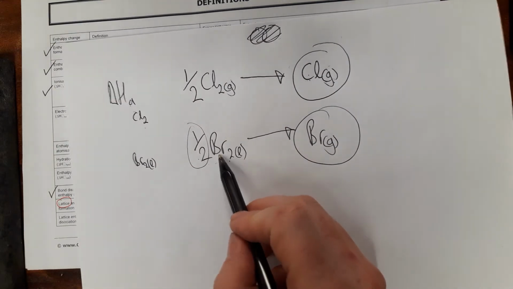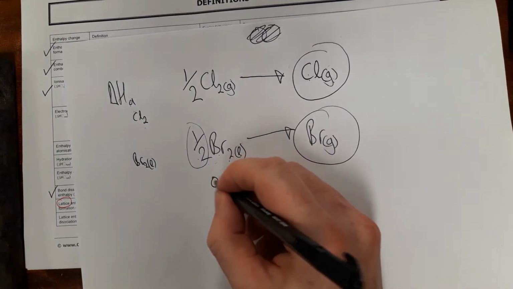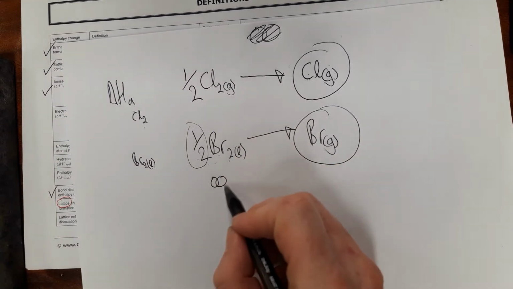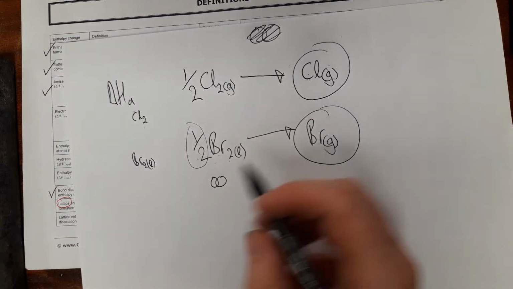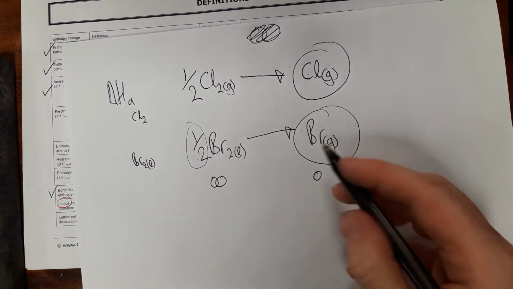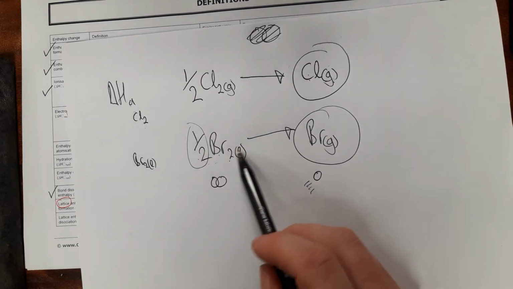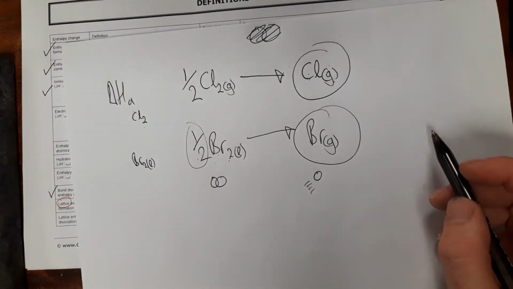That doesn't mean half of a Br2, that means half a mole of them. So you've got Br2s over this side, half a mole of them, and over this side you've got gaseous atoms whizzing around.